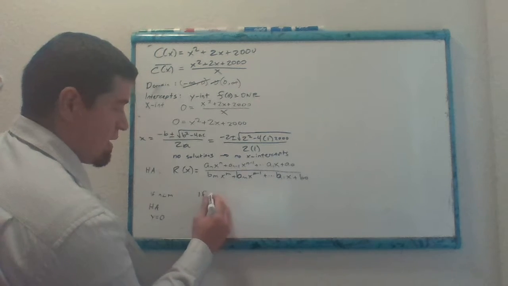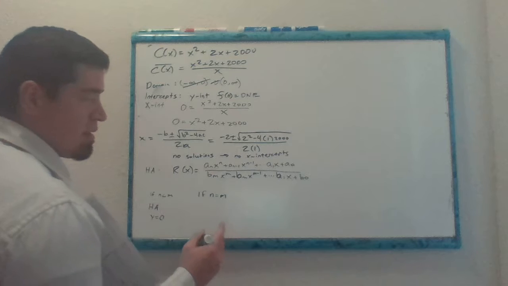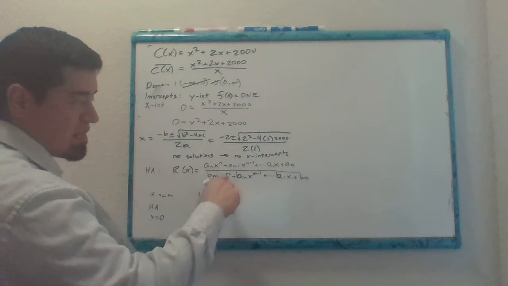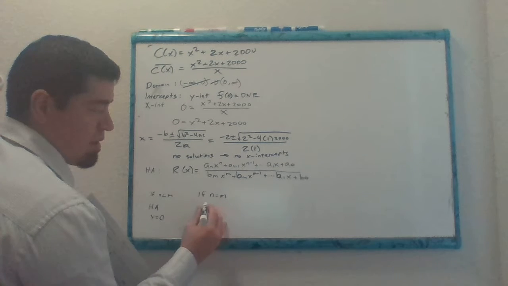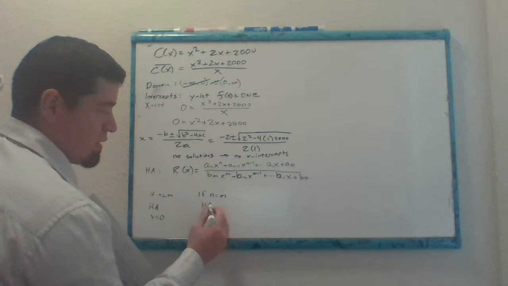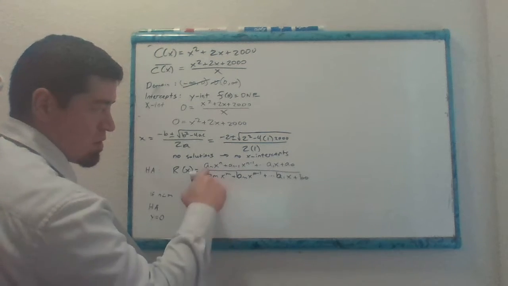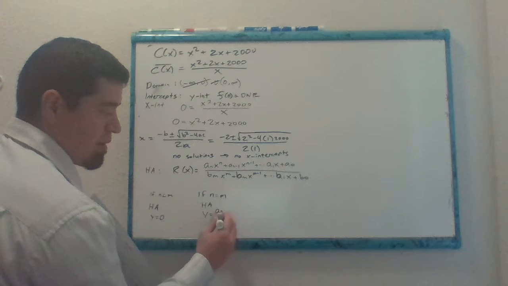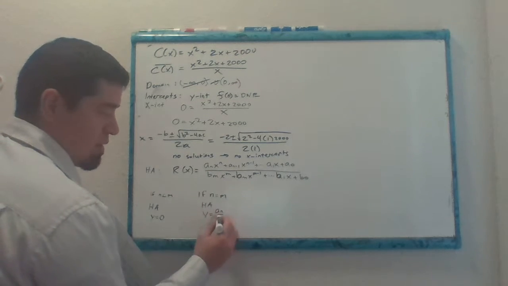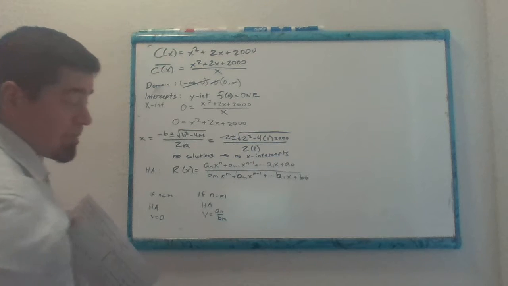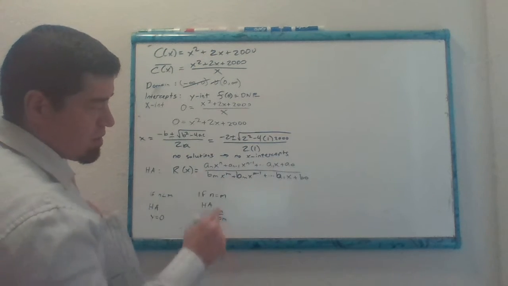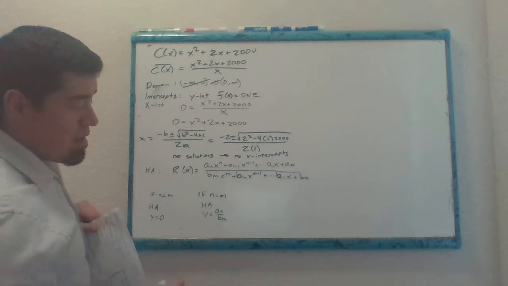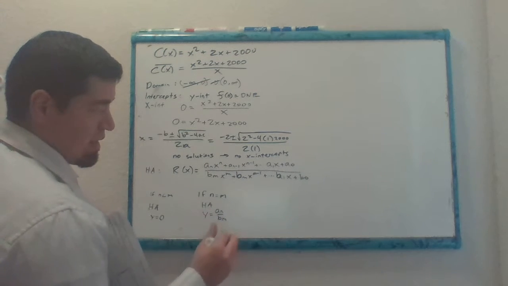If n equals m, if the highest power on the top matches the highest power on the bottom, then your horizontal asymptote is y equals the coefficient of the top divided by the coefficient of the bottom, whatever the lead terms are, the terms with the highest powers. So that's that.